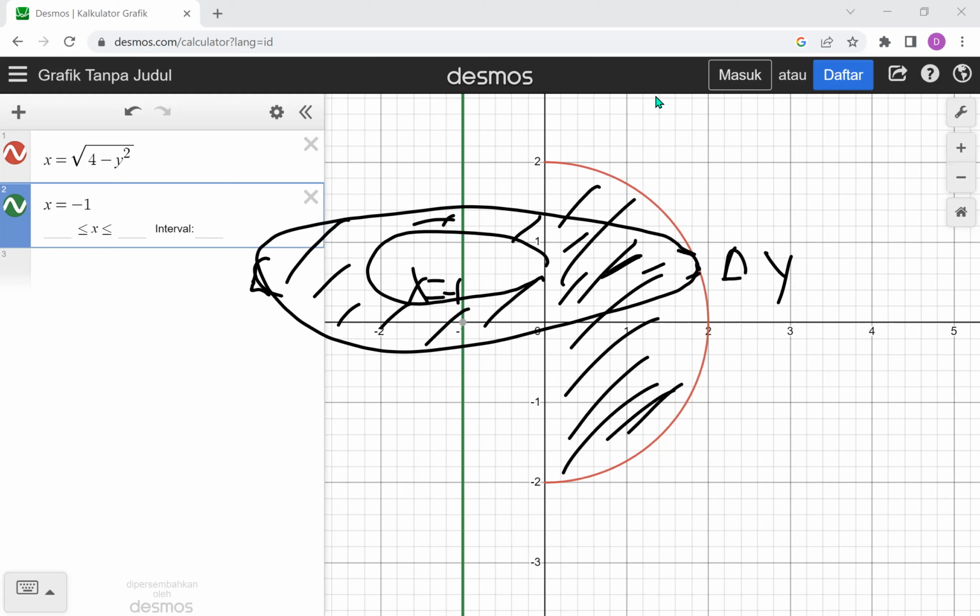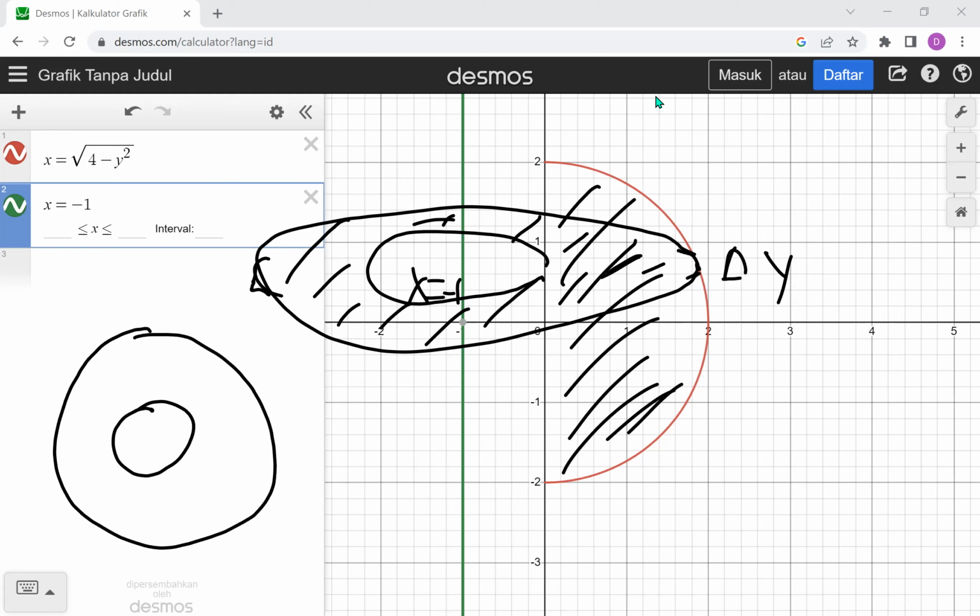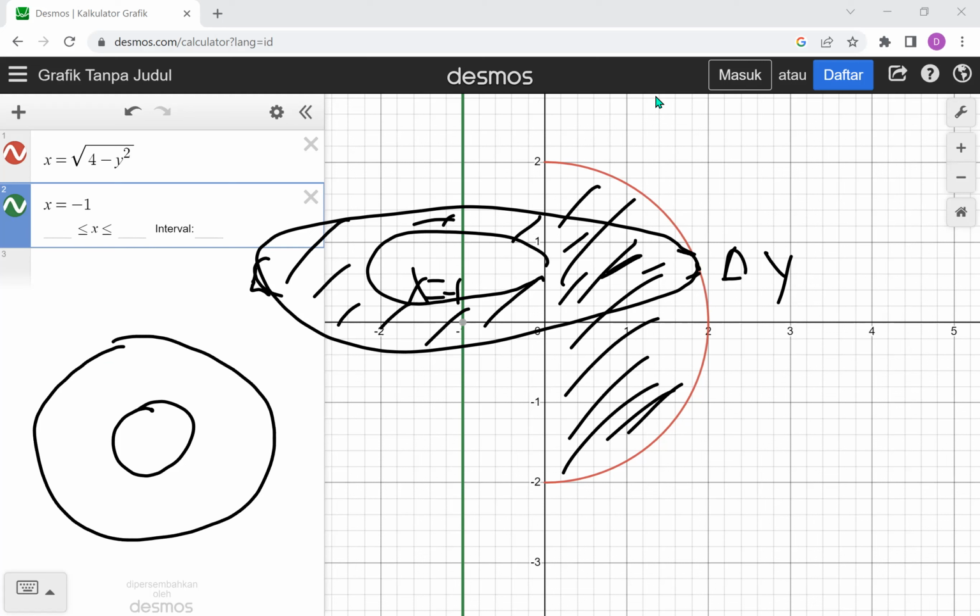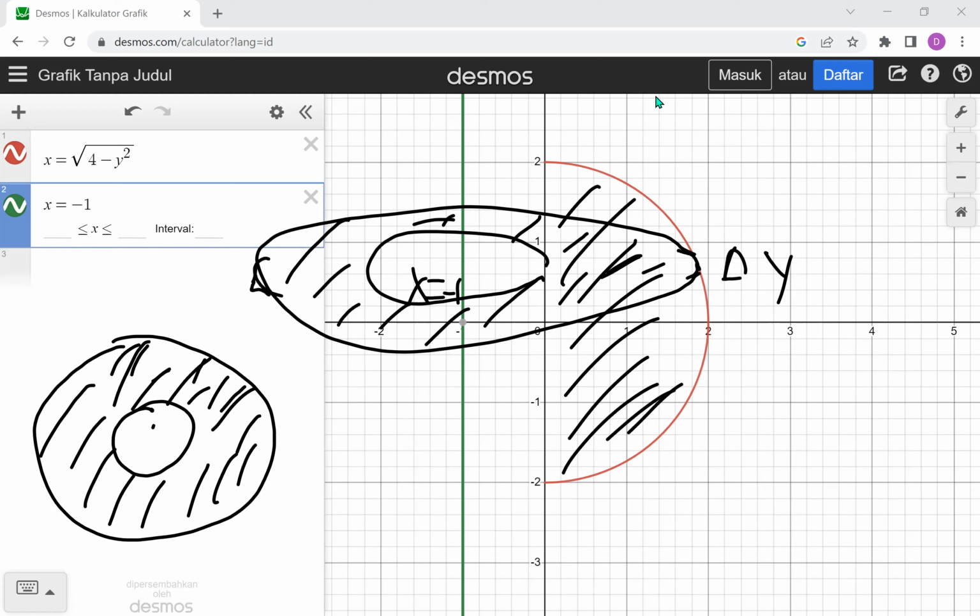Yes. Okay, now what is the area of the base? The area of the base looks like a ring like this: you have the larger circle, and then you have the smaller circle.